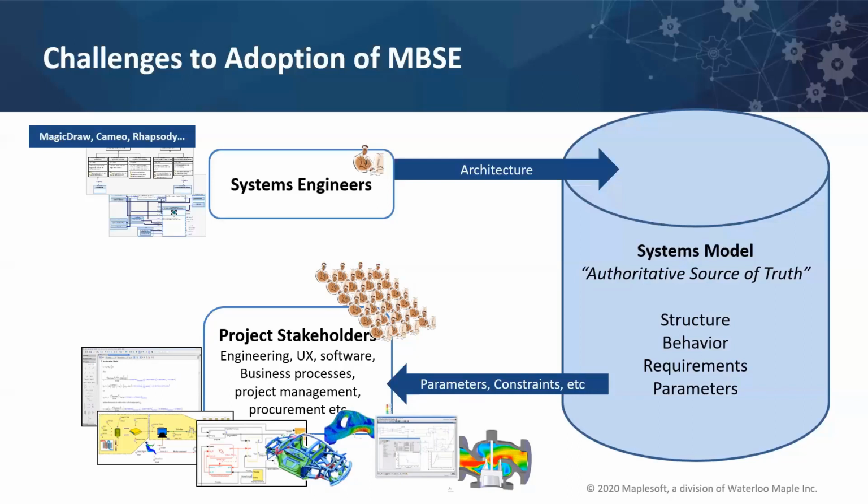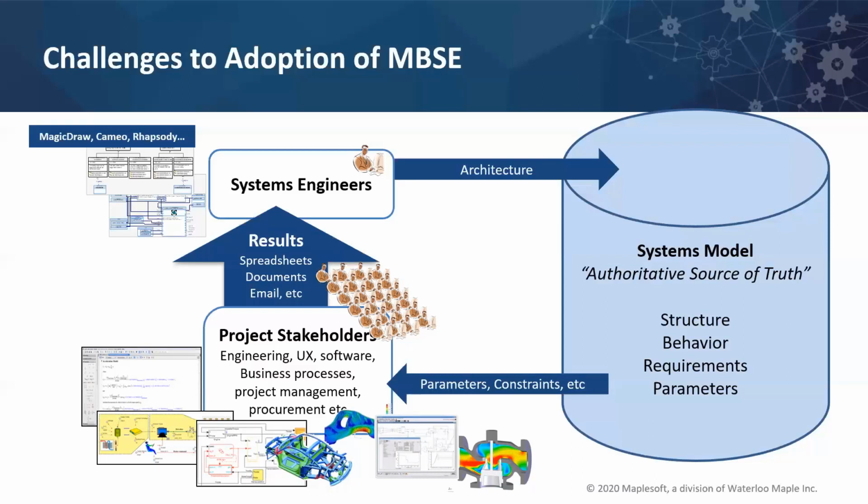How do you get these stakeholders involved in collaborating and creating a more useful system model? This has always been a challenge because not everyone is familiar with the process. They are not familiar with the modeling language. They don't have the idea behind how SysML works, etc.